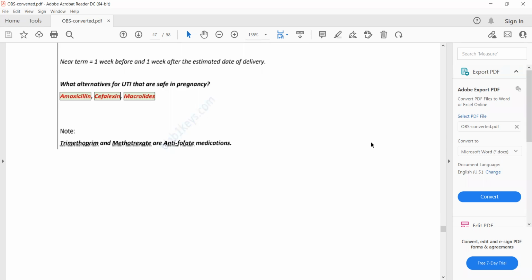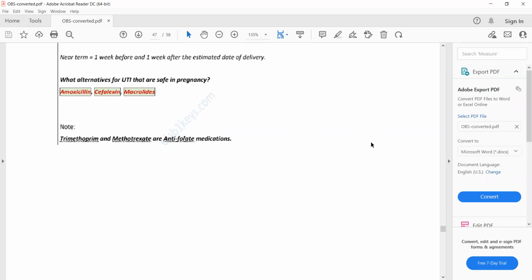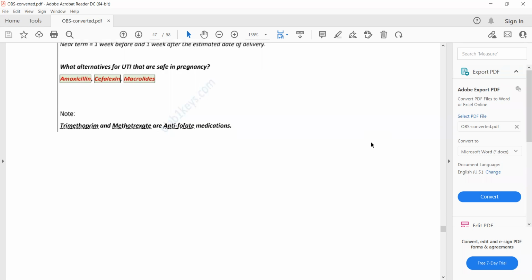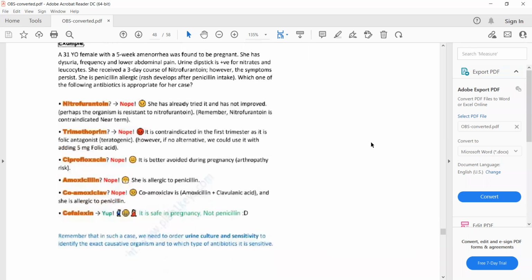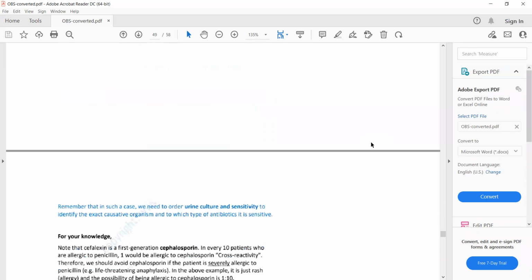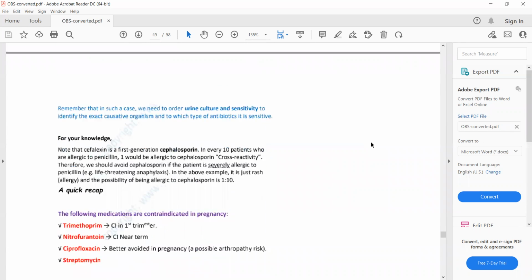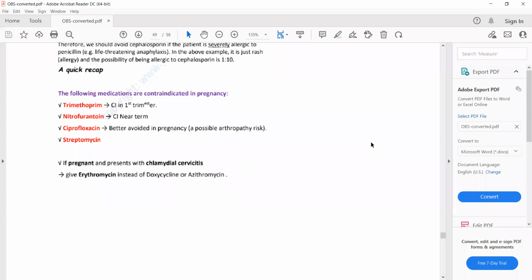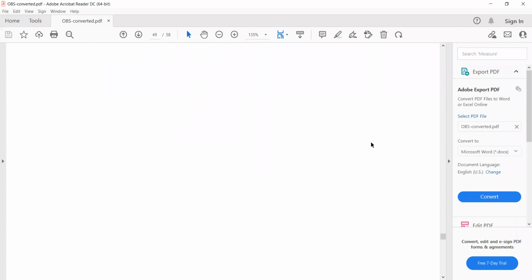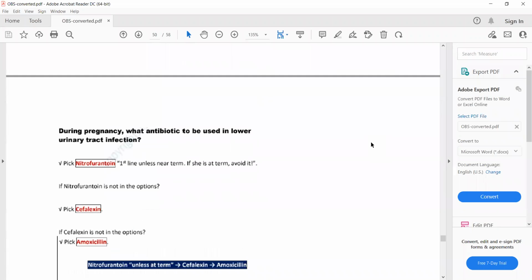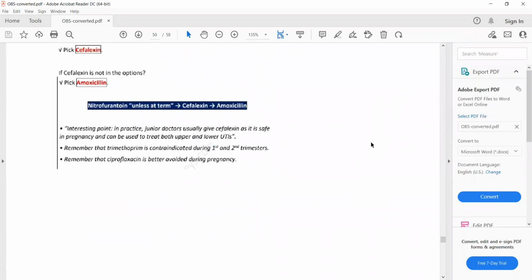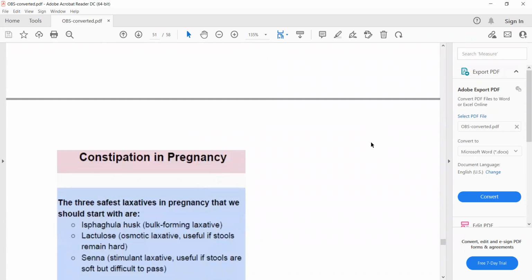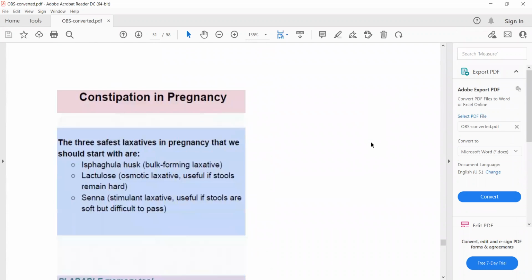So you should avoid nitrofurantoin in this duration of time. So this was a short summary of UTI in pregnancy.